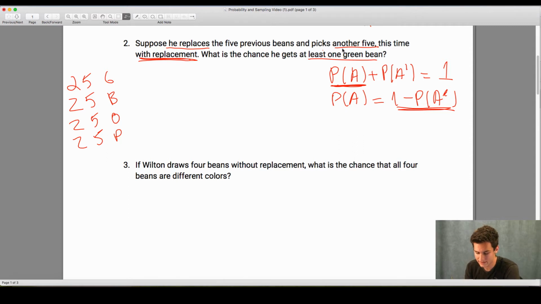So now let's try to look at what the complement event, what P of A prime is for this particular problem. If Wilton needs to calculate the probability that he gets at least one green bean, the complement of that event needs to be that he gets no green beans.